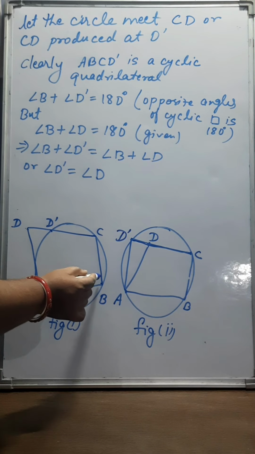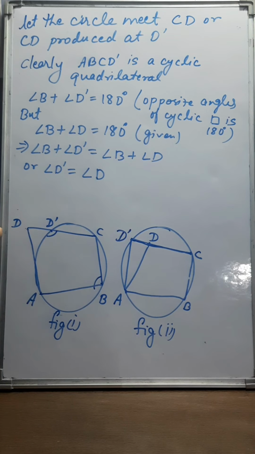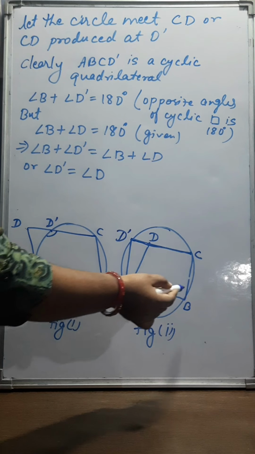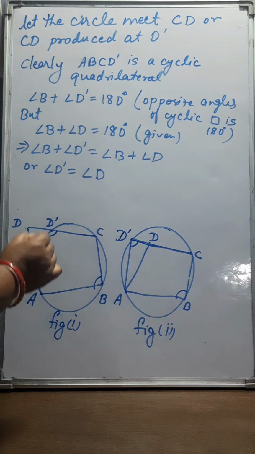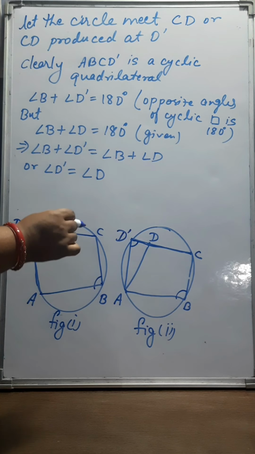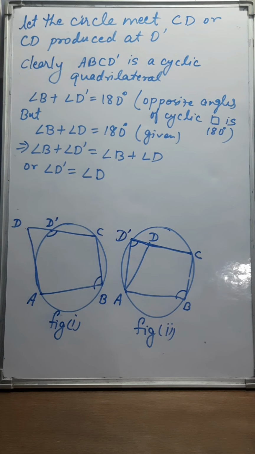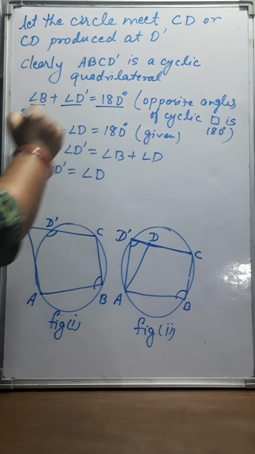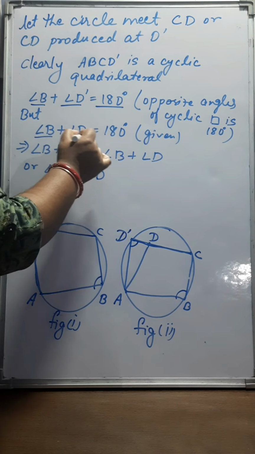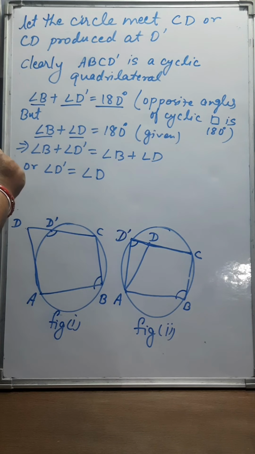So we can write angle B plus D dash is equal to 180 degrees. Here also angle B plus D dash is 180 degrees, because in both figures ABCD dash behaves like a cyclic quadrilateral. But angle B plus D is given as 180 degrees.